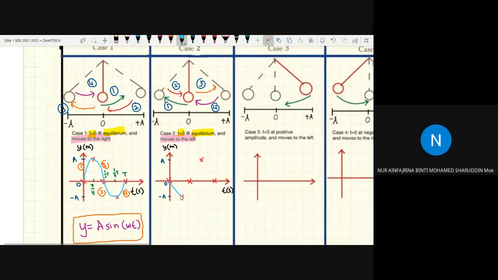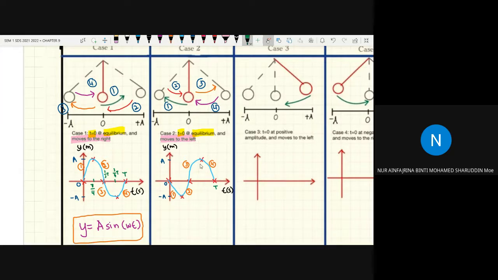But what is the difference now? Anyone? So, what graph is this? Negative sine graph. Very good. So, this is a negative sine graph. Same as before, this is your first, second, third and fourth. And you can label your time. Here is time.